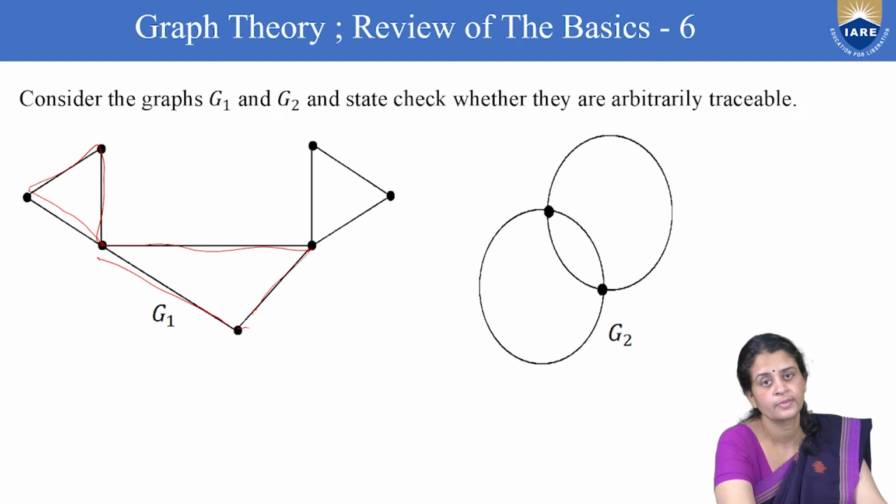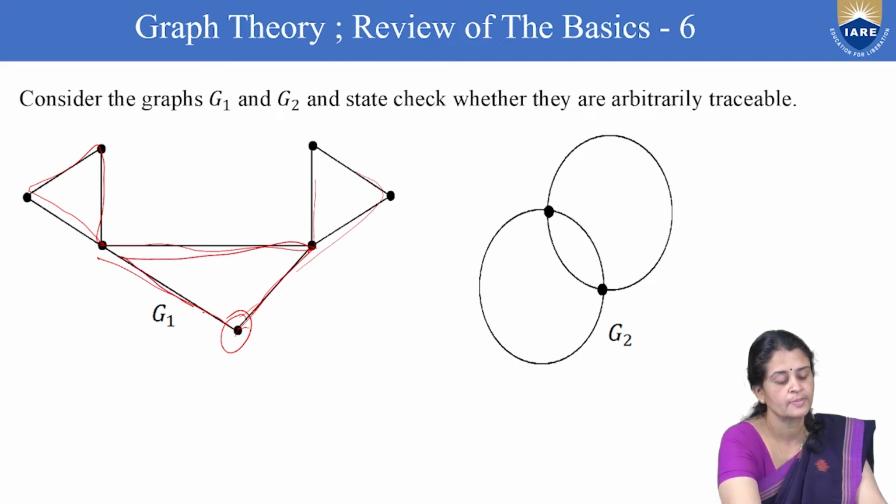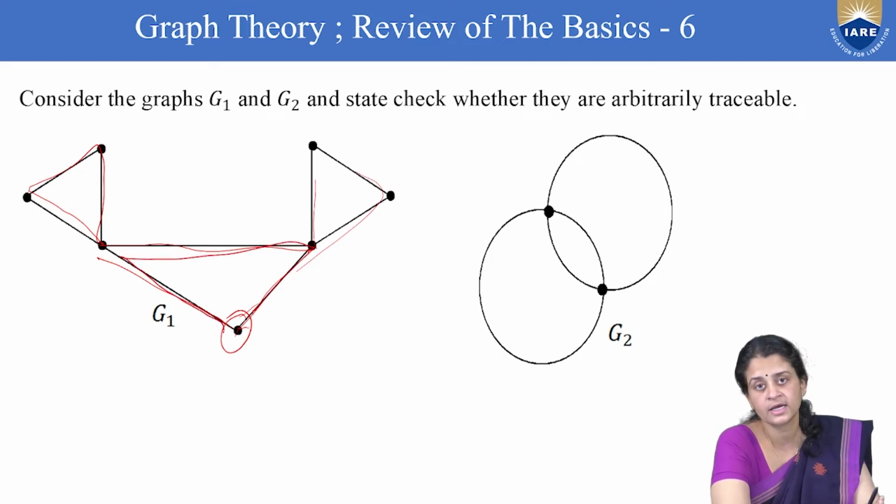No, right? I had to go through this way earlier. But if I also start from this vertex, what will happen if I go through this way? Did I get the complete Eulerian trail in this graph? No. So this graph is an Eulerian graph, but it is not arbitrarily traceable.